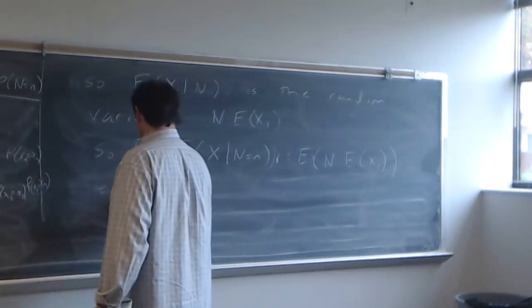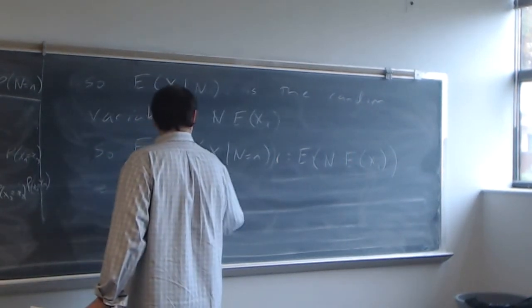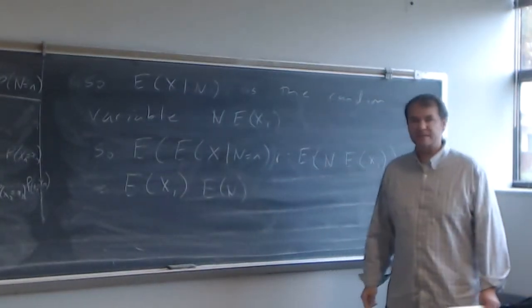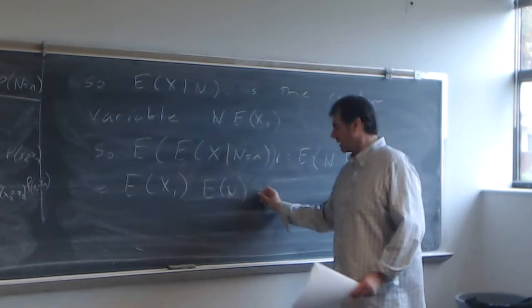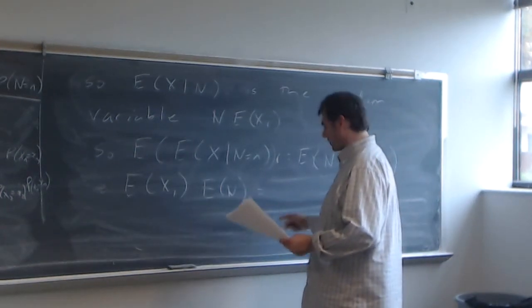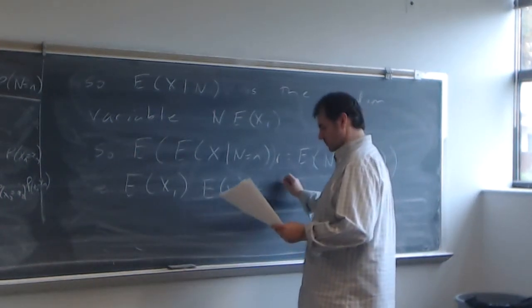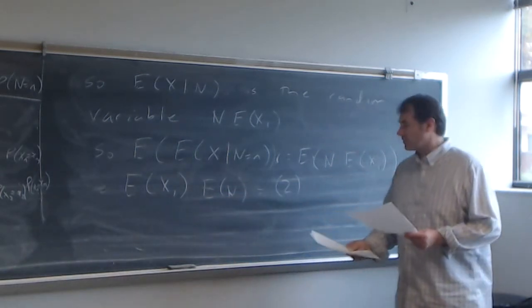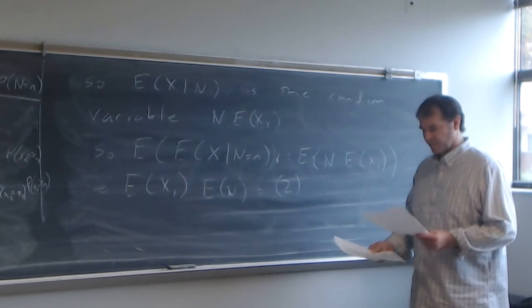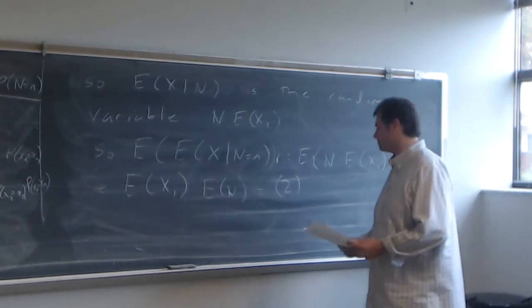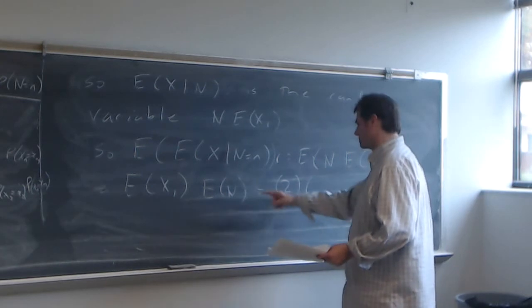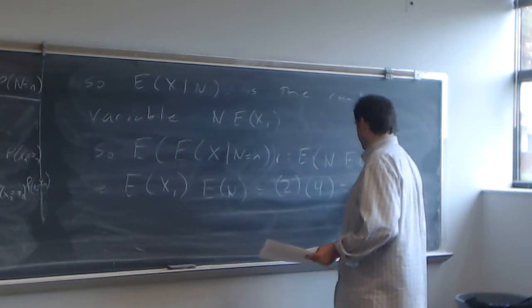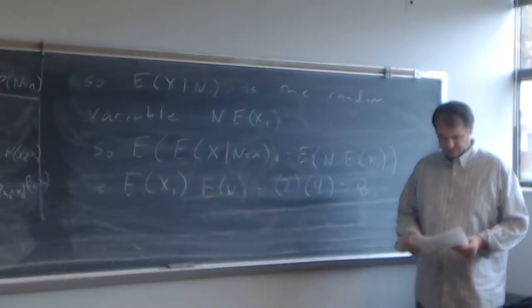So that's equal to the expected value of X1 times the expected value of N. But these two expected values were given to us in the problem. So I think the expected value of X1 was 2, the number of injuries per accident was 2, and the expected value of N was 4, so we end up getting 8. And that's the solution for this problem.